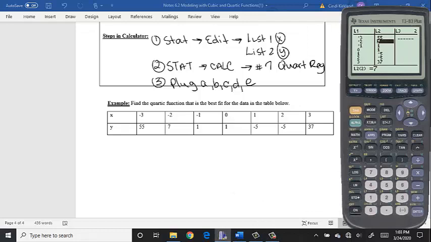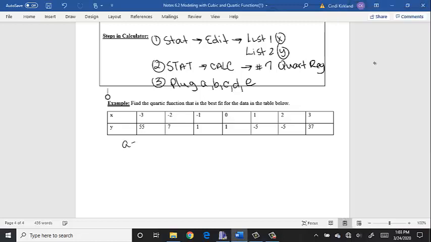So let's relook at that quartic function. Okay, so A is 1, B is 0, C is -4, D is -3, and E is 1. So we're going to plug it back into our standard form.